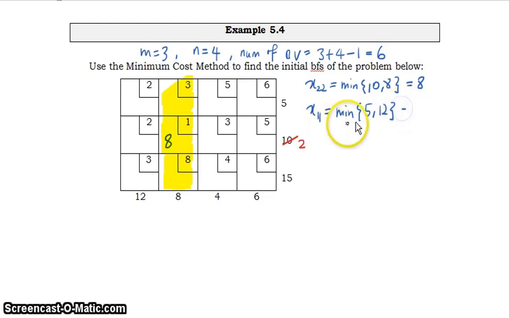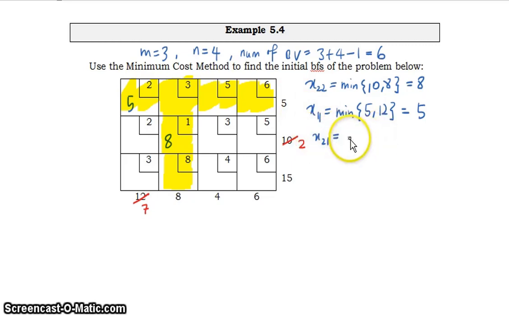Therefore, the value of X11 is 5. We write 5 here, and since 5 comes from S1, we cross out the first row and reduce D1 to 7, which is 12 minus 5.